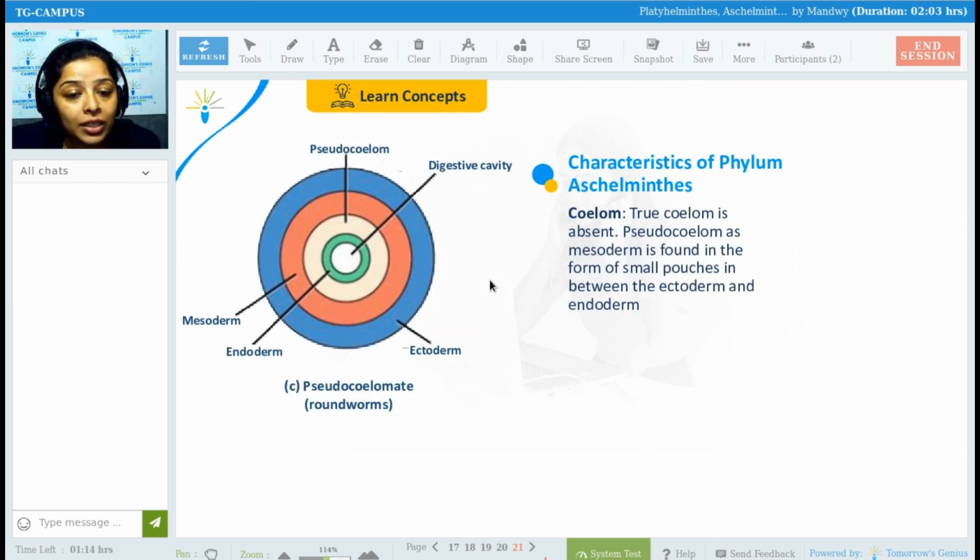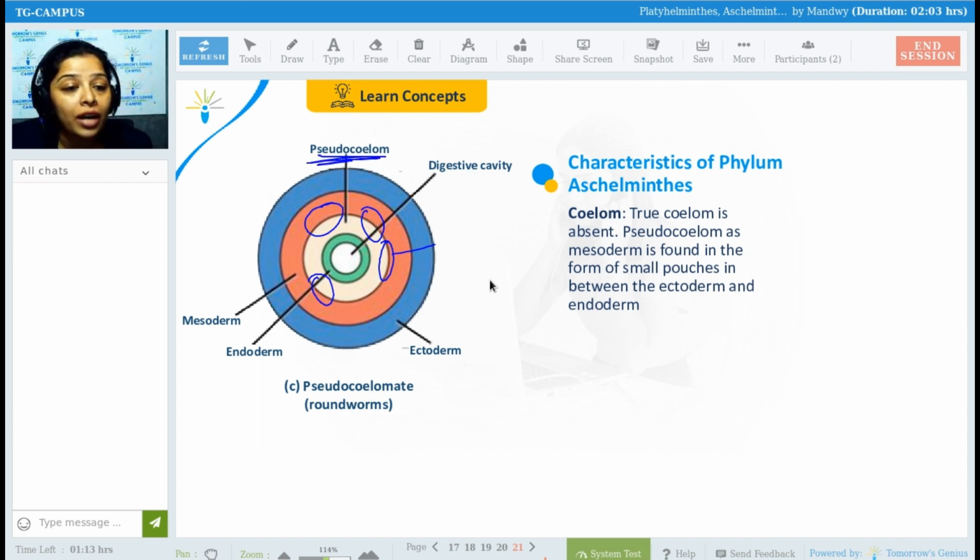Okay, now let's see the coelom. So here in the roundworm or the Aschelminthes, the mesoderm does not enclose the body cavity, but they make small pouches, and these pouches are called pseudocoelom.